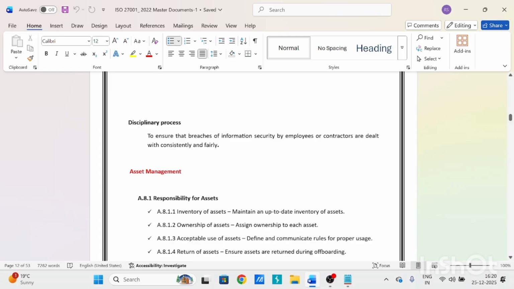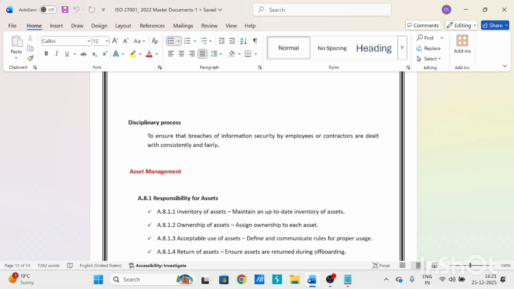Every organization has a disciplinary process, to ensure that breaches of information security by employees or contractors are dealt with consistently and fairly. If your organization has a good disciplinary process, then we can say that organization XYZ is very good in managing ethics and brand values.